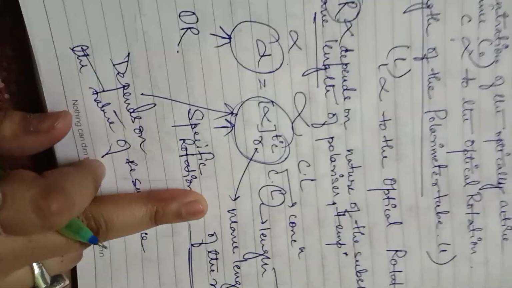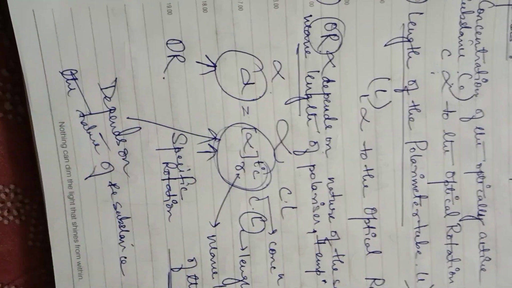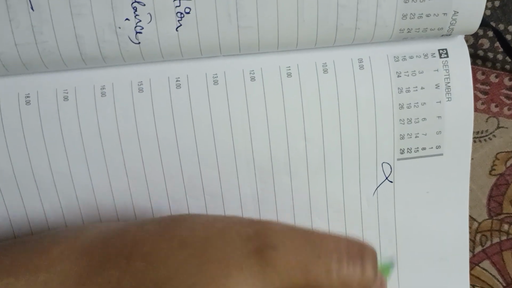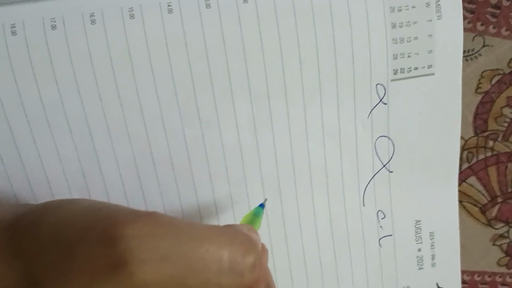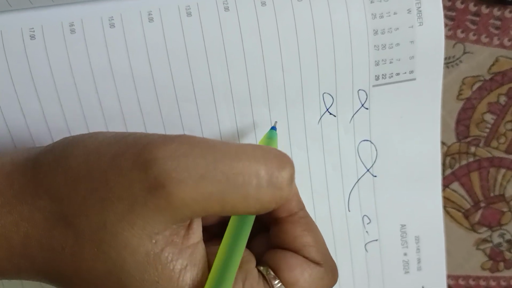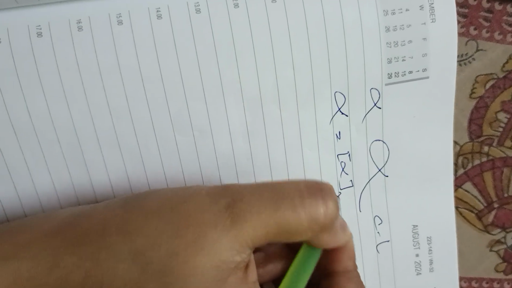Is it clear? I'm explaining once more, because I think it got a little confusing. Optical rotation is simply directly proportional to C and L. Now if I say that this alpha is the optical rotation, we introduce a term which is specific rotation. This is the constant here, with C into L. This depends on nature.